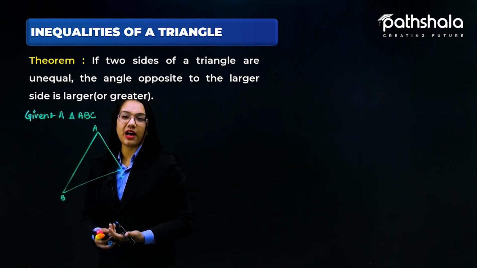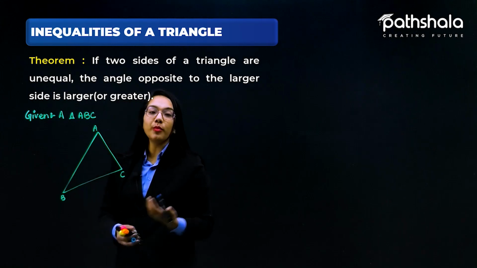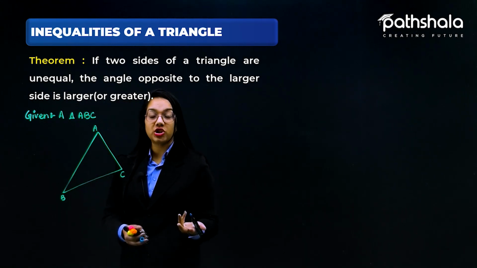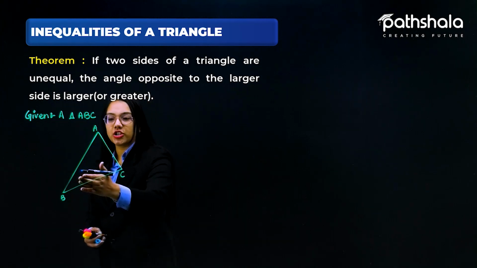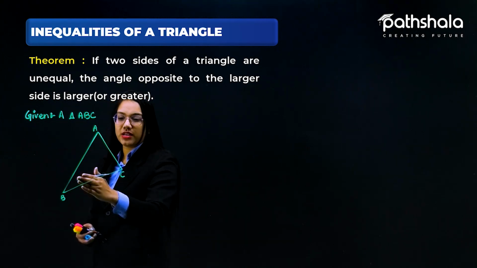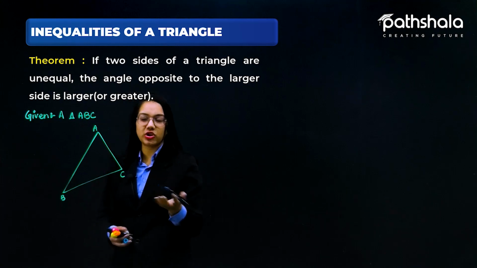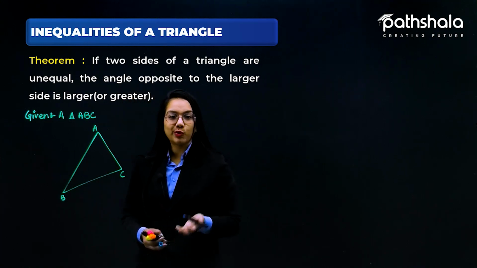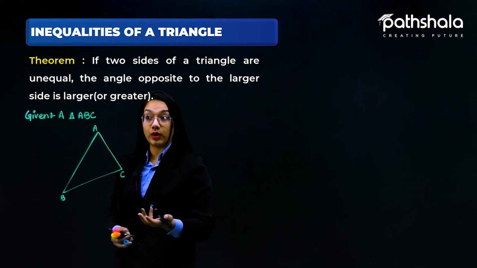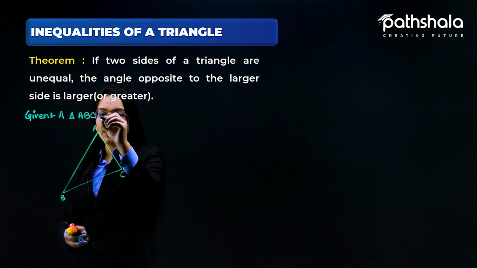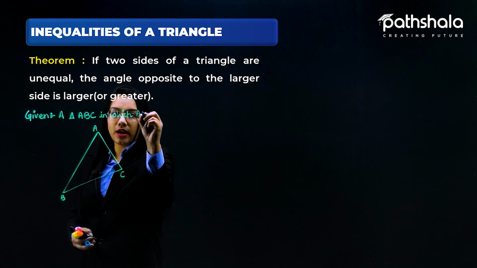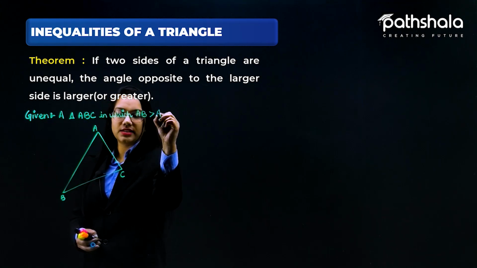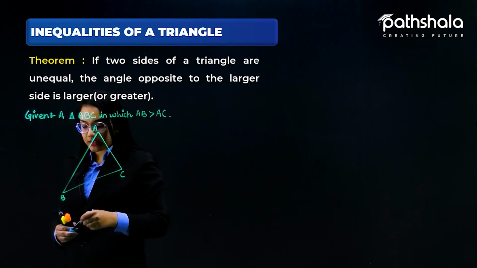I am assuming that AB is greater than AC, because the theorem says that if two sides of the triangle are unequal. So, a triangle ABC in which I am assuming AB is greater than AC.